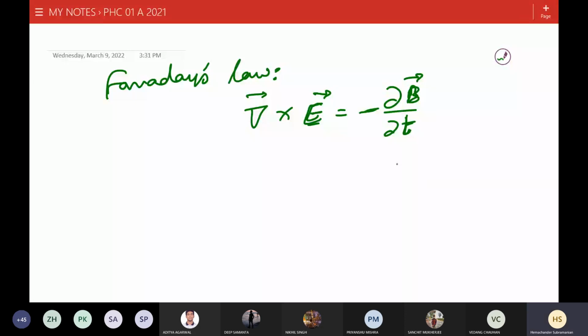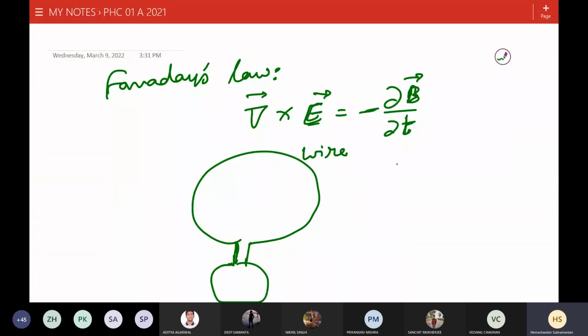Let's take this kind of a loop, a wire loop. This is a wire loop, and you're attaching the two ends to a voltmeter. And what you do is you take a magnet, N and S, and you move it through this loop.